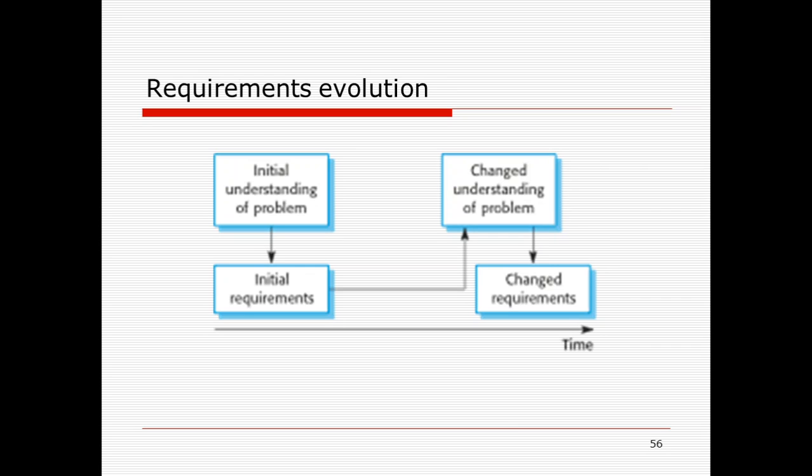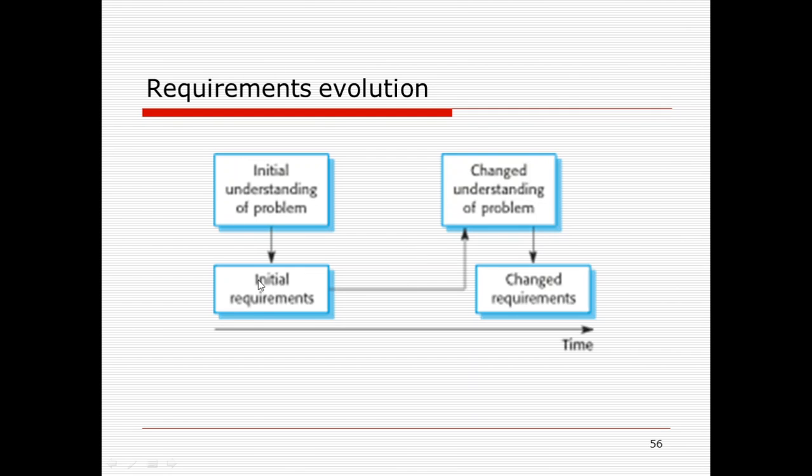Requirement evolution. For these changing requirements, the requirements may keep evolving. There will be some initial requirements collected from the initial understanding of the problem, and then the changed understanding of the problem is quite different from that.